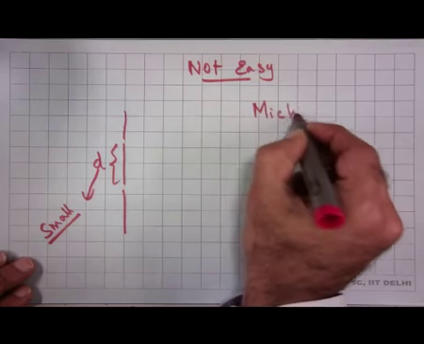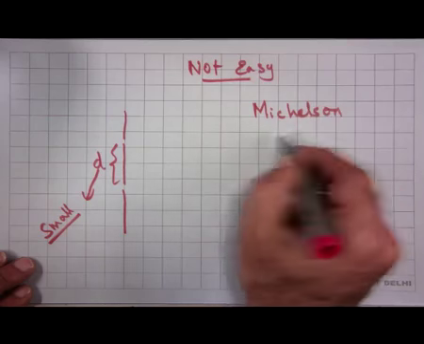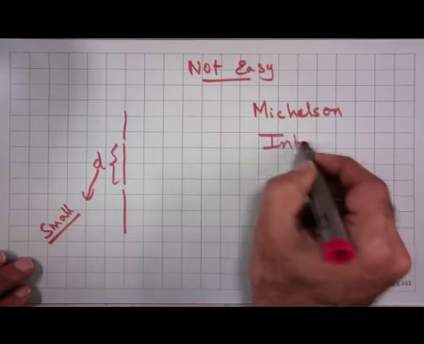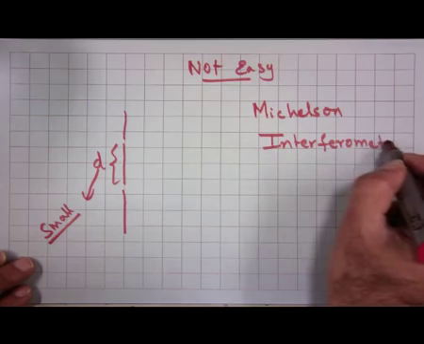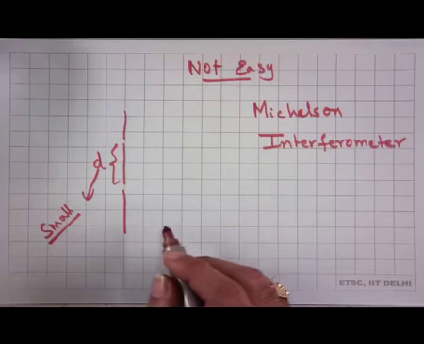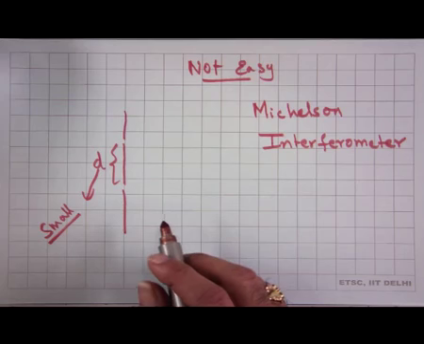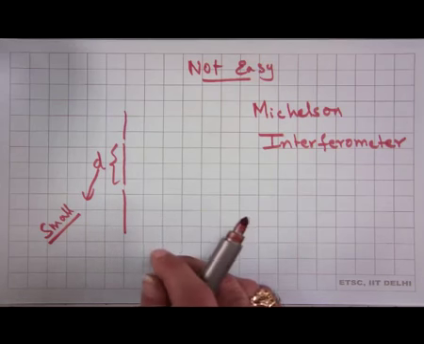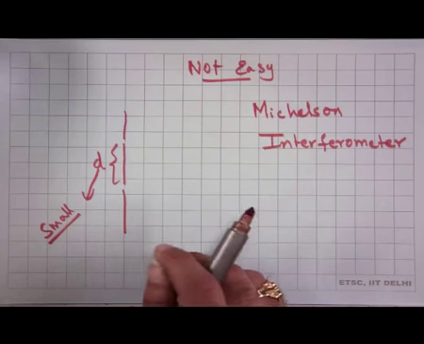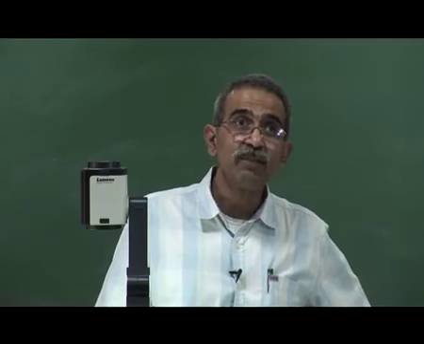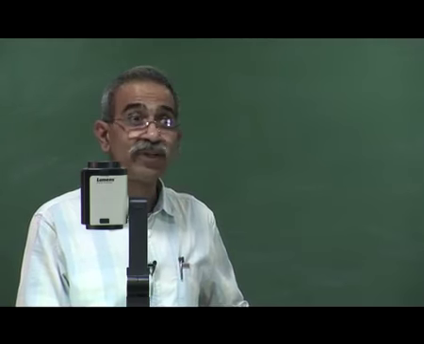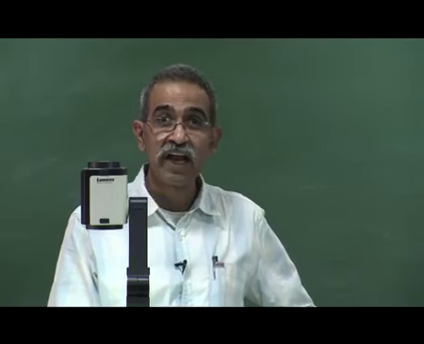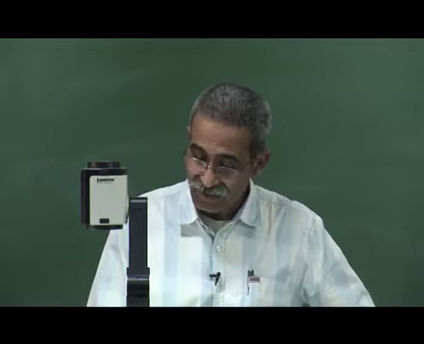One of them is very, very famous, the Michelson interferometer. This great experimentalist was actually able to measure the speed of light with enormous accuracy. And not only that, he undertook the mission to measure the speed of the earth with respect to ether. That was a great, great experiment which was a null result.